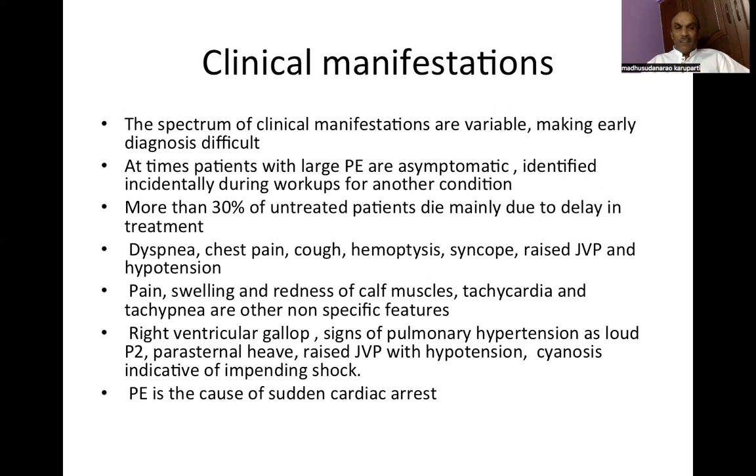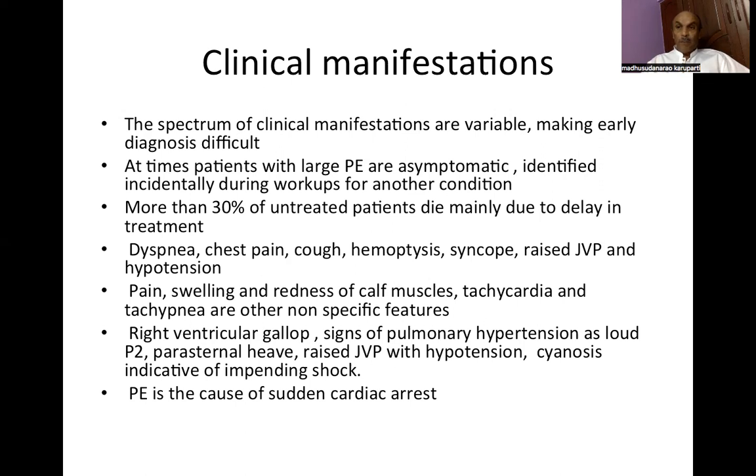Well, common presentation is dyspnea, chest pain, cough, hemoptysis, syncopal attacks. When you examine, there is raised JVP with hypotension. Dyspnea indicates presence of progressively increasing hypoxemia.